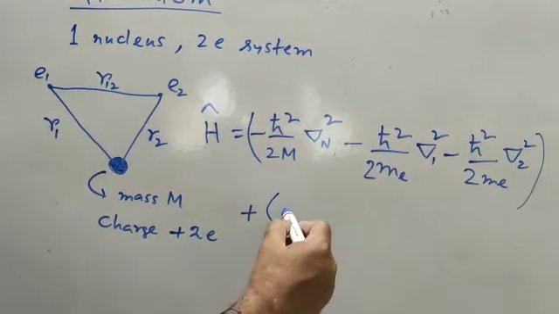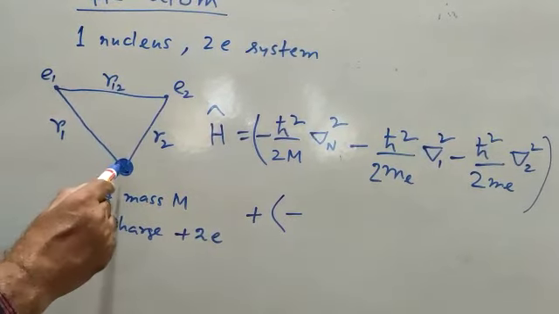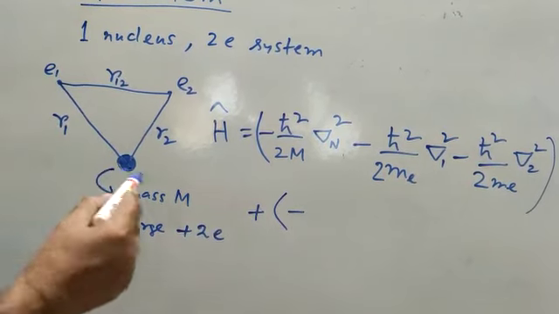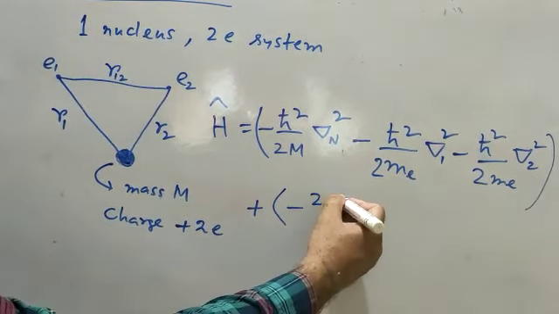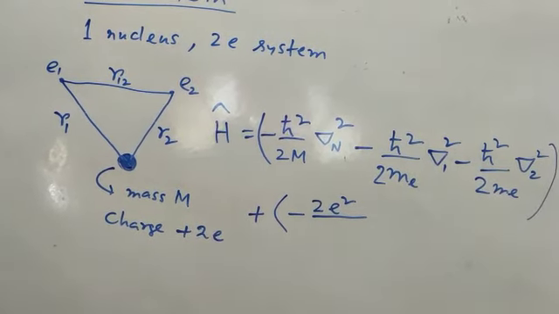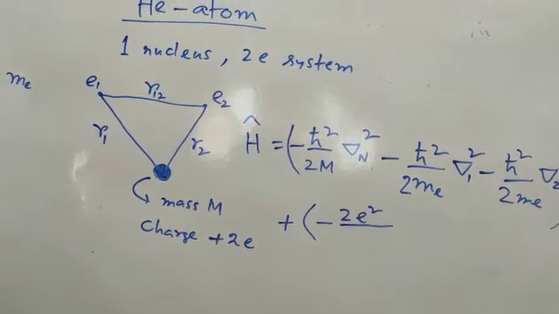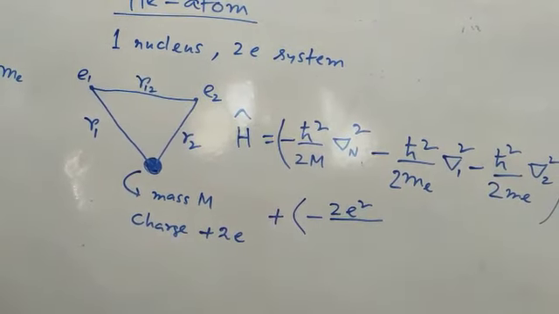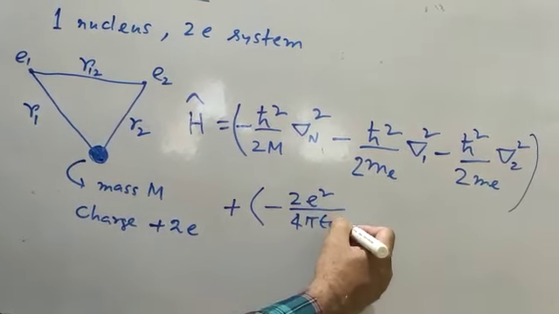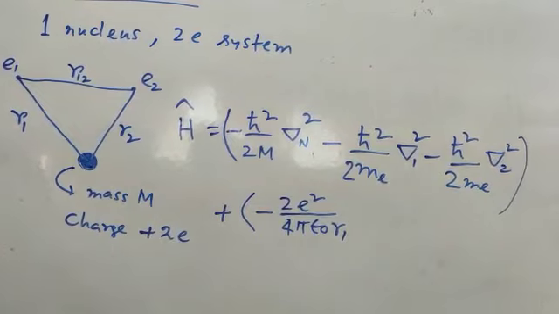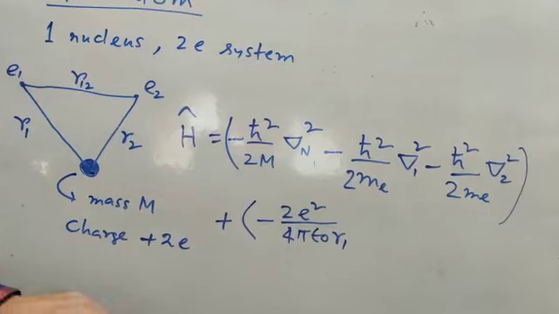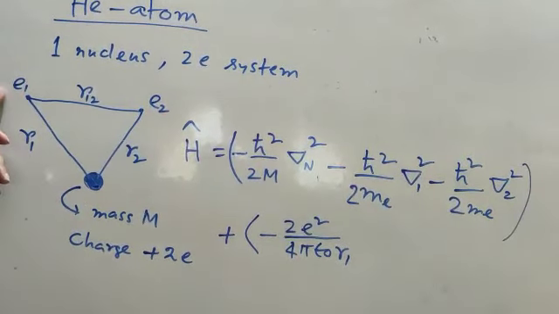So it involves the electron charge and nuclear charge, so it involves minus 2 e square. 2 is the nuclear charge and e is the electronic charge. So it gives minus 2 e square by 4 pi epsilon 0 R1. This is for electron 1. This is the potential energy for the interaction between the nucleus and electron 1.